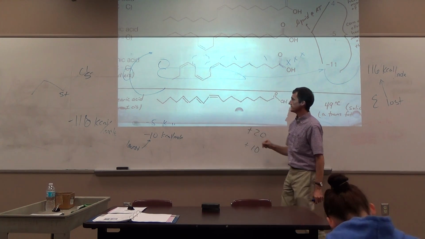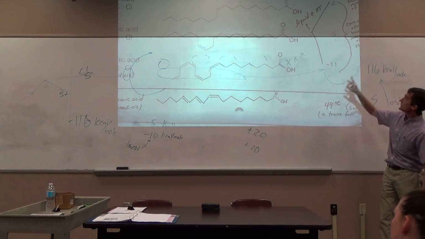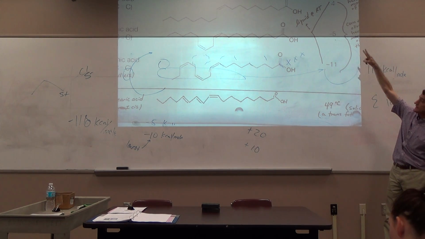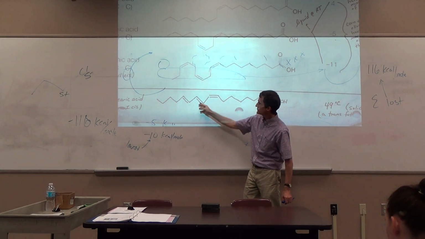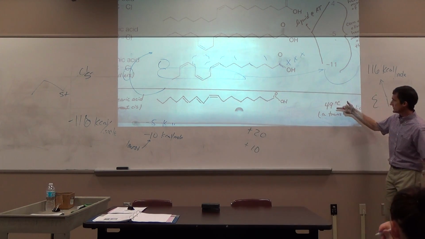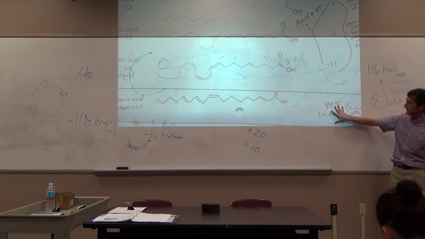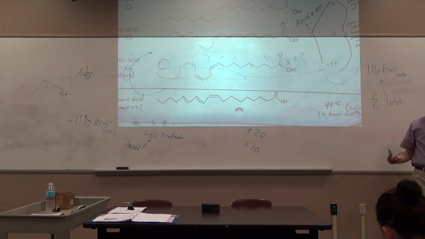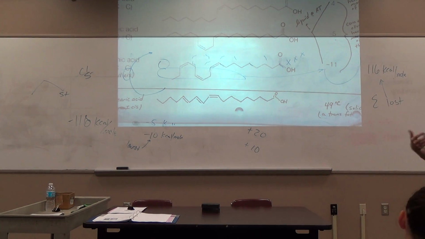Now there is a kink here. That's why it's lower than the totally saturated. But when you put trans double bonds, it sort of straightens it back out compared to these, and your trans ones start going back up. So your saturated fats and your trans fats are your worst ones because they're solids at room temperature and they clog up your arteries. The other ones stay more liquidy.